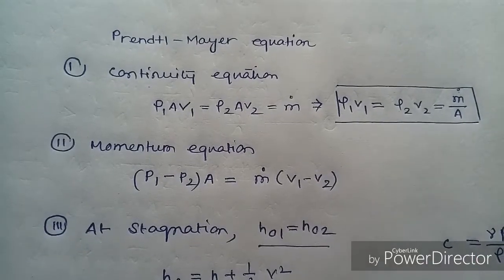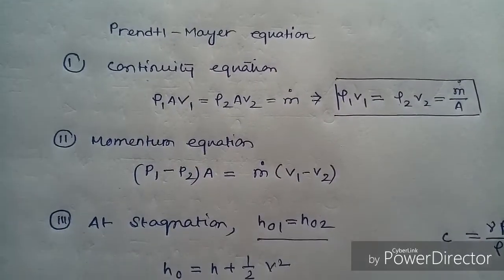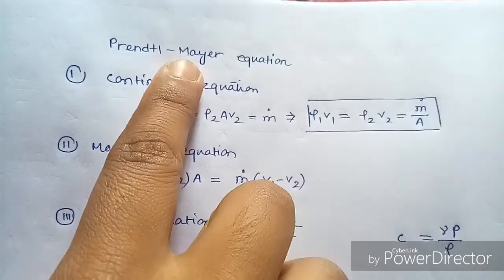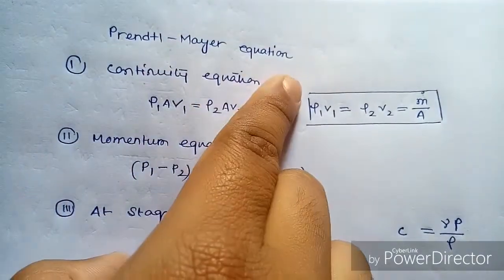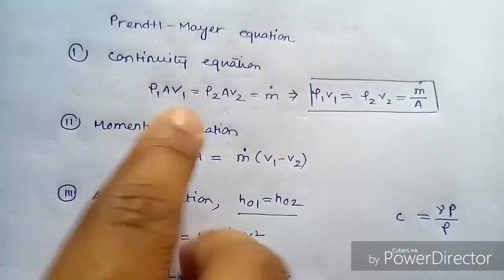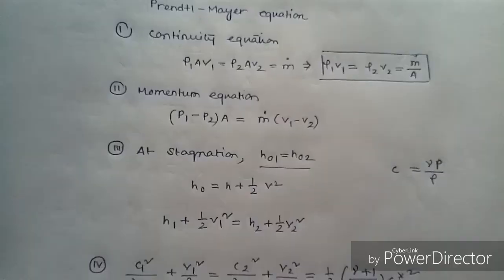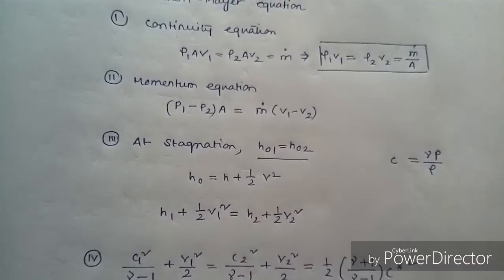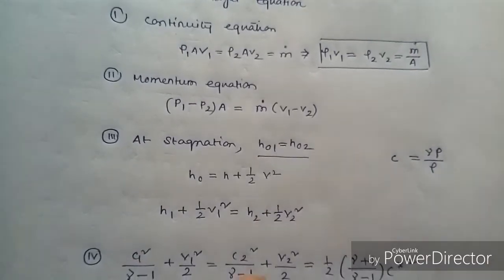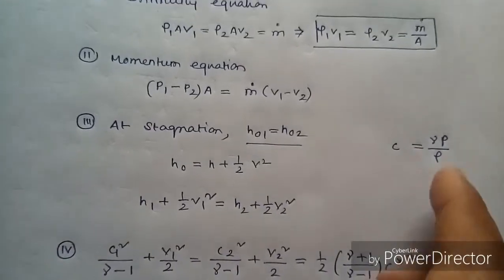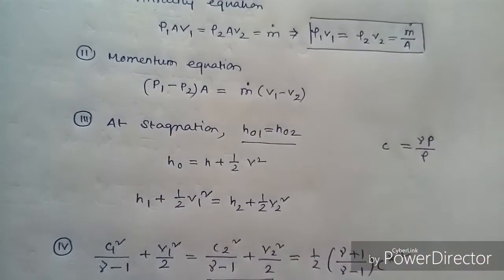So I will discuss once more to make it better understood. To determine this Prandtl-Meyer equation, you have to remember these four equations: the continuity equation, the momentum equation, at stagnation you have to remember this, and lastly this equation and this equation.